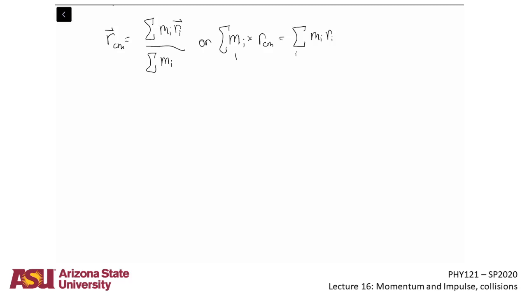So all I've done, this is the total mass. What I'm going to do is take the time derivative of each side, assuming that none of the particles change their mass. So now we have d/dt of the total mass times r of the center of mass is equal to the time derivative of the sum of m_i r_i.